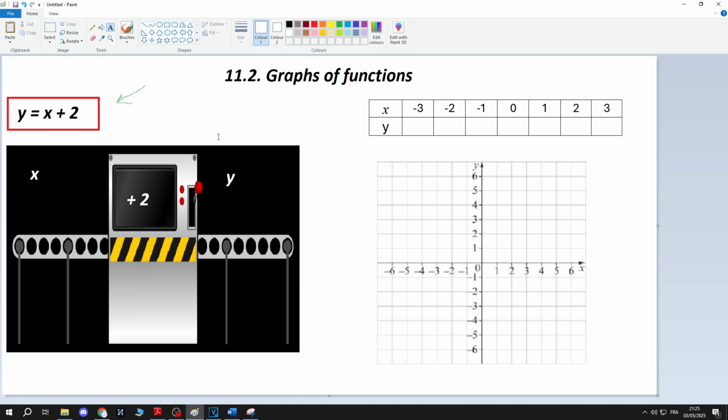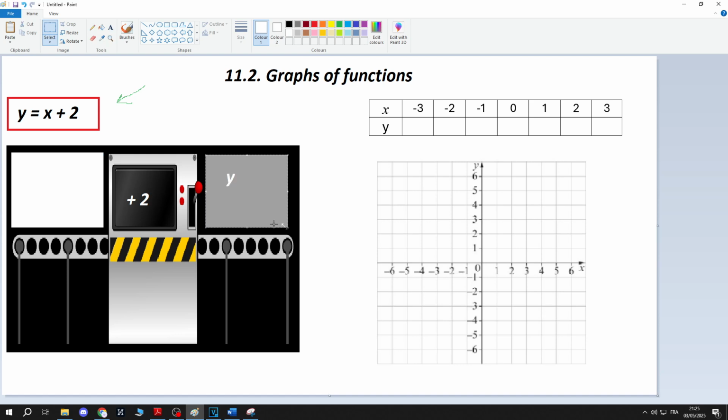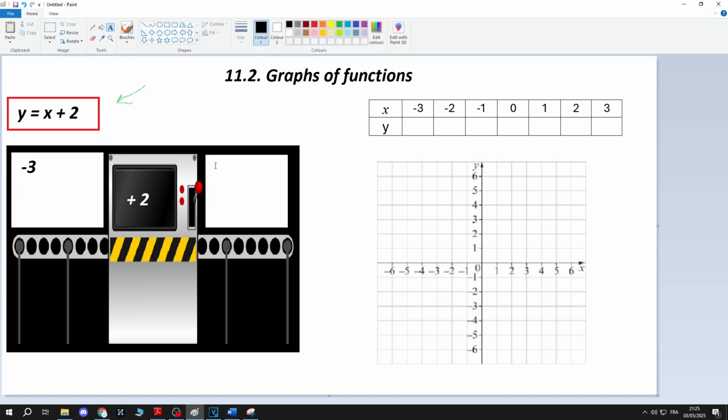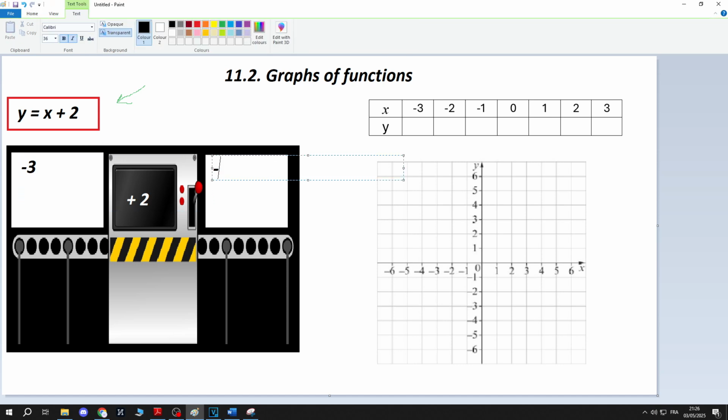So let's try some values and see what we get. Let's start with the first value, which is, I'm going to pick -3, and you will see that -3 plus 2 is -1. I hope you all got this right.